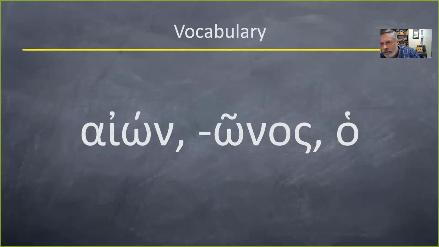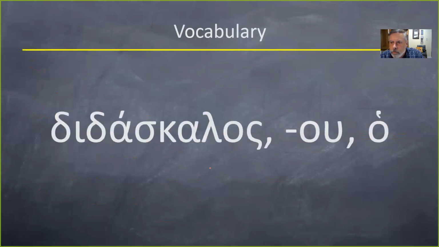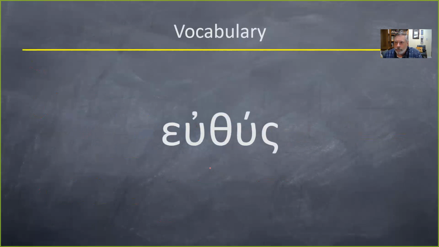Aiōnios is eternal. Didaskalos, teacher. Didaskalou, genitive form, ho, and so it's masculine. Euthus, immediately.